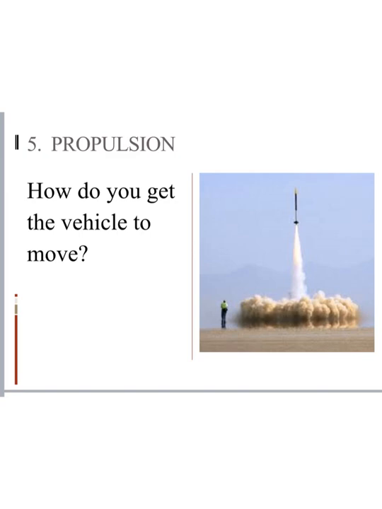Propulsion. How do you get the vehicle to move? There are lots of different types of propulsion that we have. The picture is what we would call a solid rocket booster. It has solid rocket fuel in it, and once you ignite it, it has a controlled burn or a controlled explosion, and the thrust of the explosion or the burn going out the back end of the rocket makes the rocket go up.